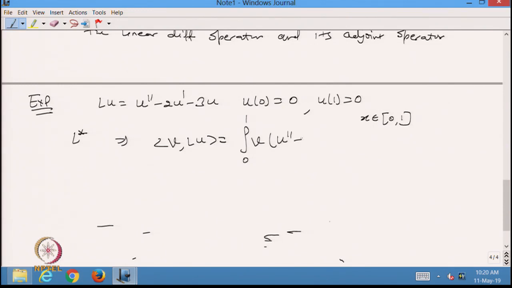So, it will be u double dash minus 2 u dash minus 3 u, and then taking the integration with respect to x.